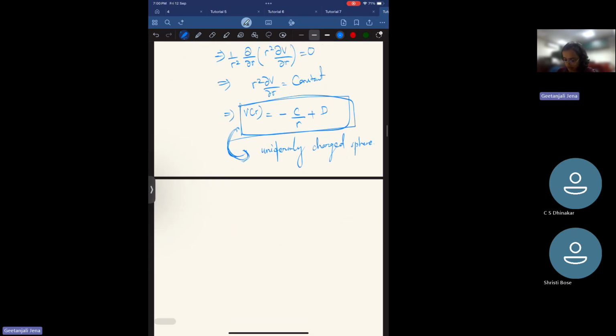In the second case, this is for cylindrical coordinates, where you need to find the solution when V only depends on S. For cylindrical, it is 1 by R, dou by dou R of R, dou V by dou R, which should be 0.